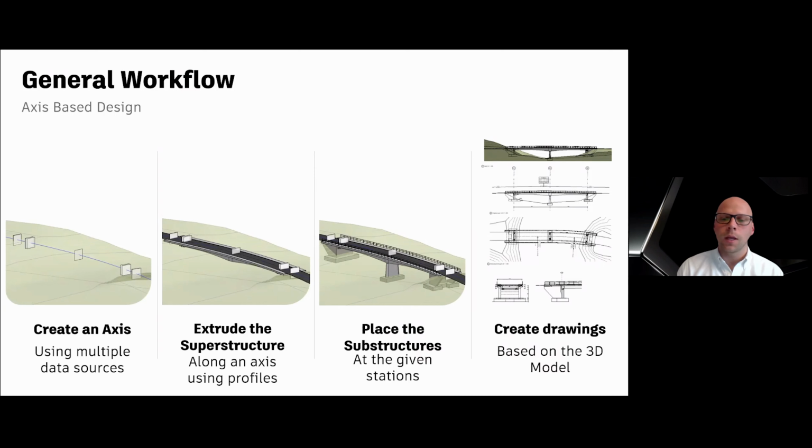We can also place the substructures or other components at given stations. At the end of the day, we use this geometrical information and the axis input to create model-based sketches and drawings.